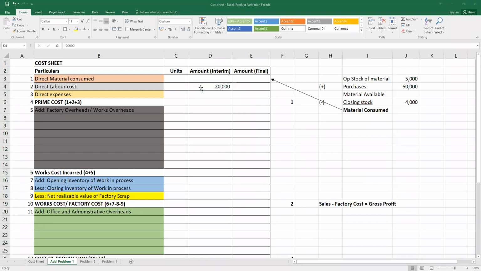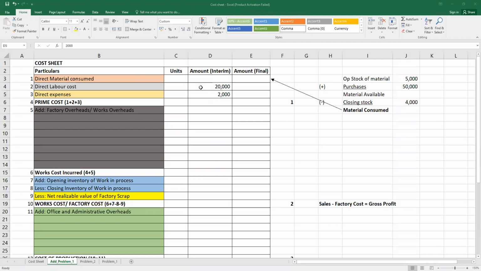Then we have chargeable expenses. Chargeable expenses का मतलब ही है direct expenses. So direct expenses are amounting to 2,000.